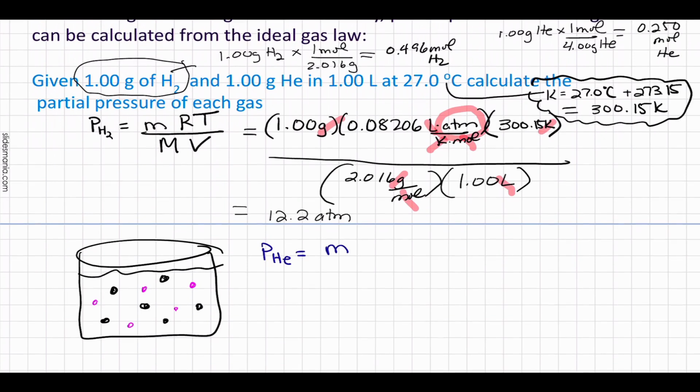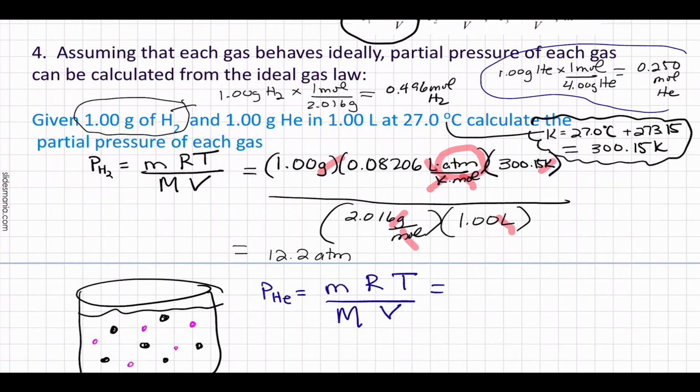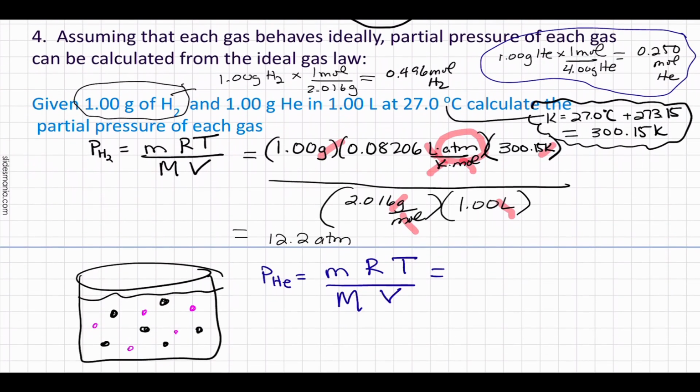I'm going to use the mass of the helium times R times T over the molar mass of the helium times volume. But like I said, if you want to go up here and just calculate the moles and then sub in, you would be subbing into P equals nRT over V. But I'm going to do it all at once. So 1 gram.